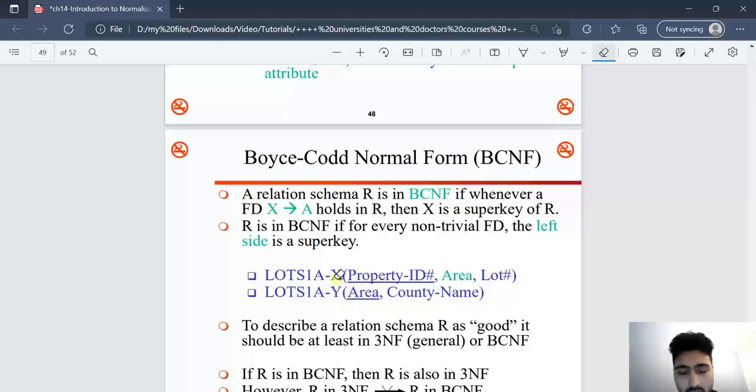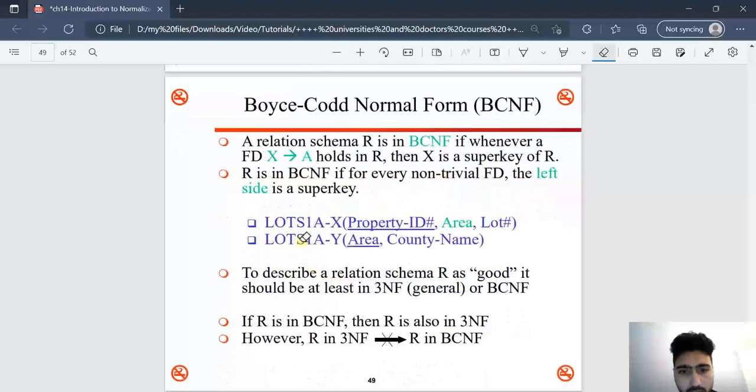The remaining attributes I put in a new relation named lots 1ax, which contains the property ID number, area, and the lot number. So now lots 1ax and lots 1ay are in BCNF.